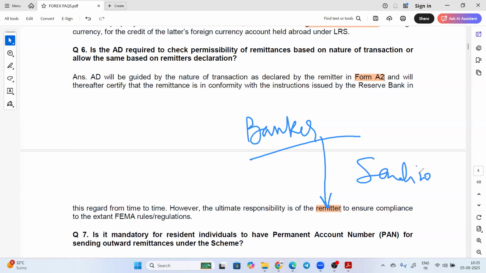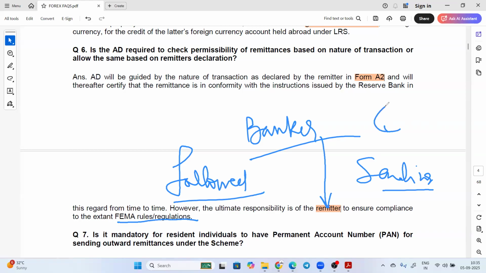It is his responsibility that all the guidelines of FEMA rules and regulations are followed strictly. And if there is a contravention, they will have a heavy penalty and also a fine. Penalty and fine related to foreign exchange are very heavy.